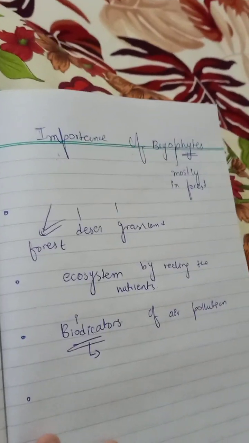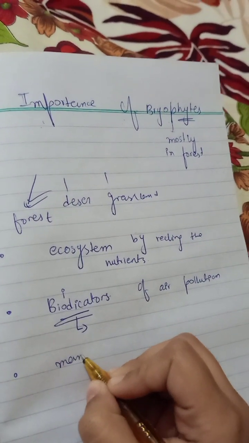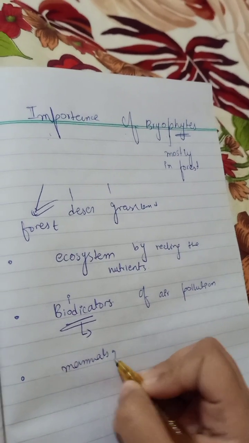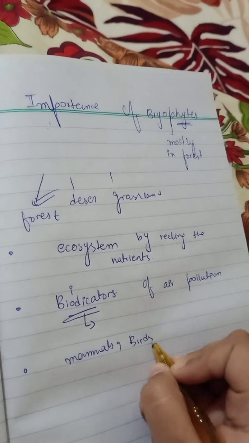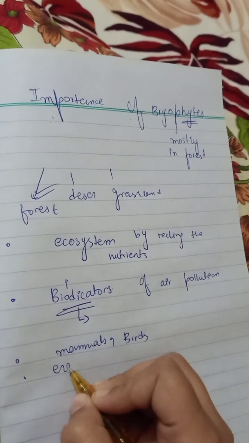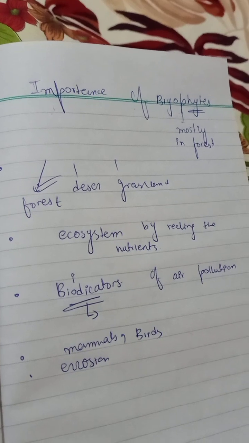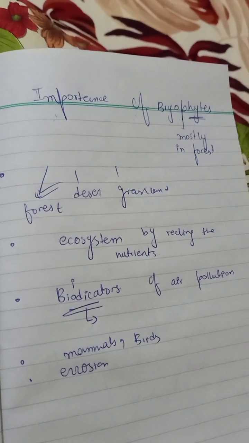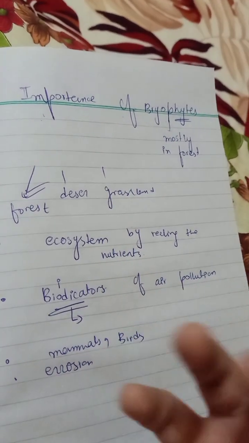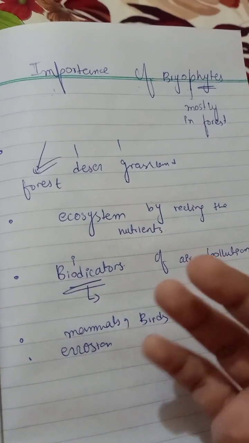Secondly, they provide food for small mammals, birds, and so on. Next, they prevent erosion. What is erosion? Erosion is when parts of the plant break off.